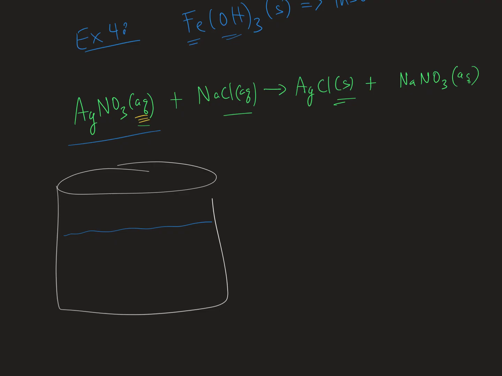It's aqueous, right? And what happens to salt when it dissolves? It dissociates. It splits into its ions. You remember this? Or if you don't, no big deal, but you need to know it now. Silver nitrate splits into Ag plus and NO3 minus. You with me?